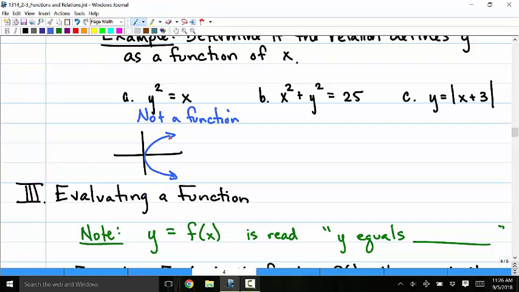Okay, letter B, x squared plus y squared equals 25. Is that a function? And right away I look and see, okay, I have a y squared. That's not going to be a function.